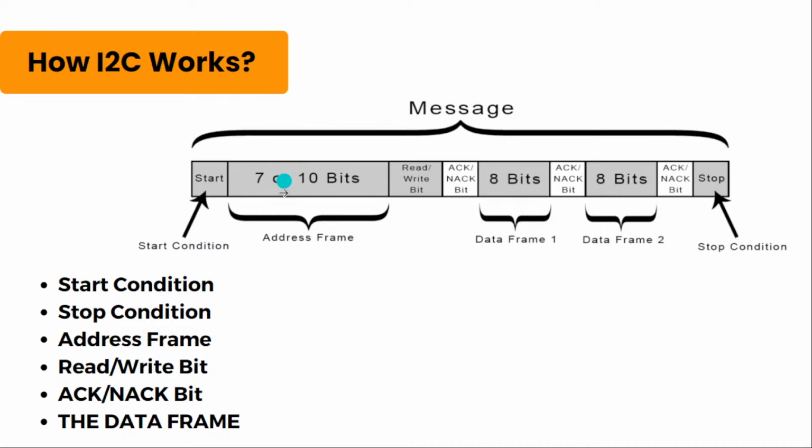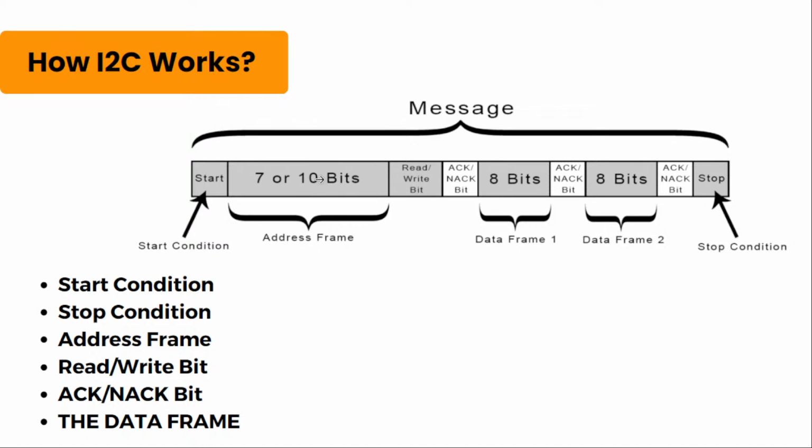when the master wants to talk to it. I2C does not have slave select lines like SPI, so it needs another way to let the slave know that data is being sent to it and not another slave. It does this by addressing. The address frame is always the first frame after the start bit in a new message.